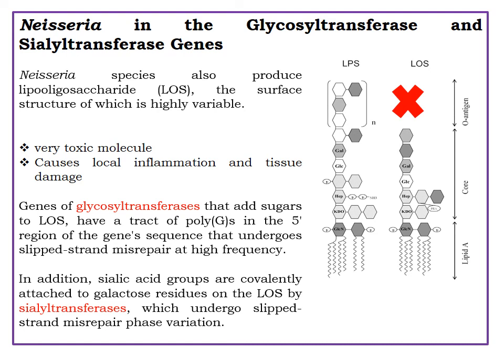Depending on which glycosyltransferase and sialyltransferase are being expressed at any given time, the LOS will have different surface structure. In this way, phase variation in LOS of Neisseria contributes to gain or loss of bacterial virulence.